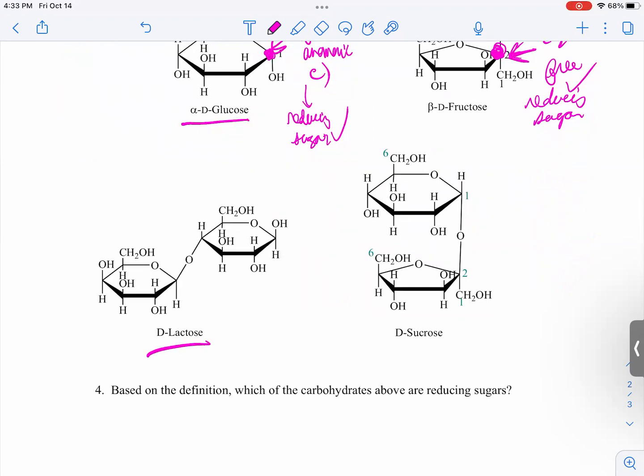This is an anomeric carbon, and this is an anomeric carbon. This is C1 and this is C1, but this C1 is not free. This C1 is free, so this is a free anomeric carbon. So D-lactose is a reducing sugar.